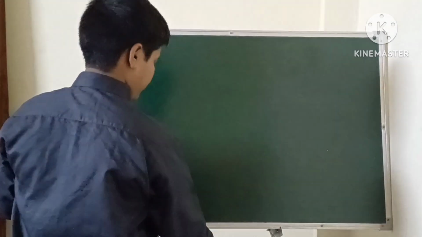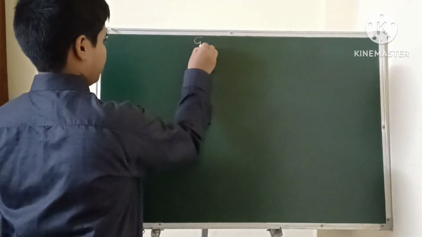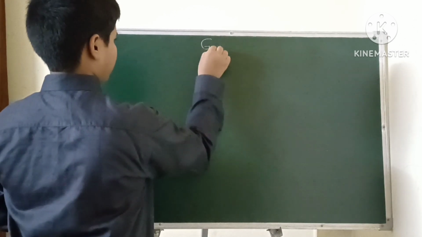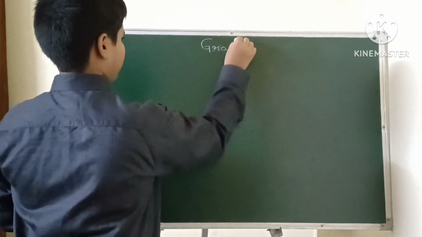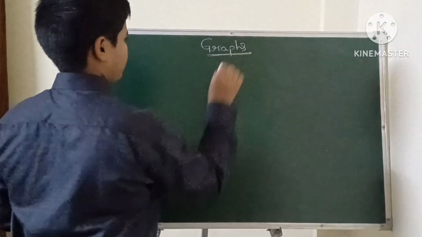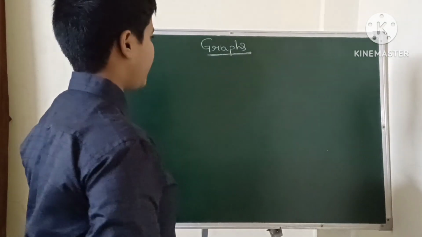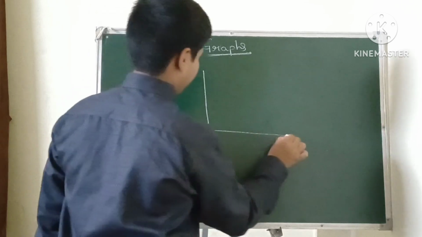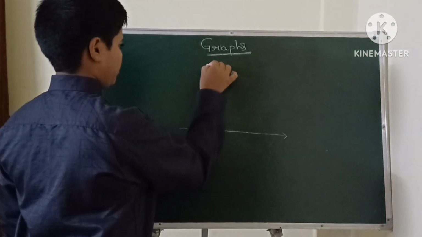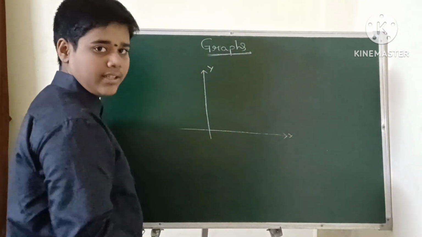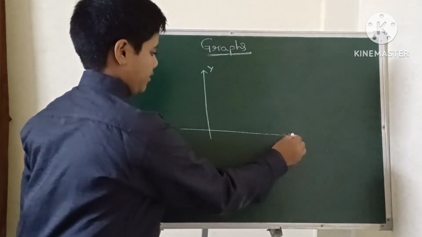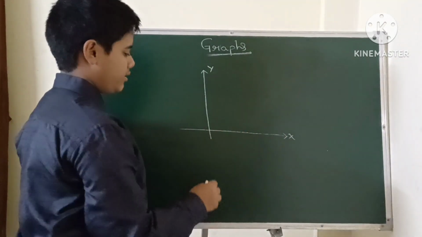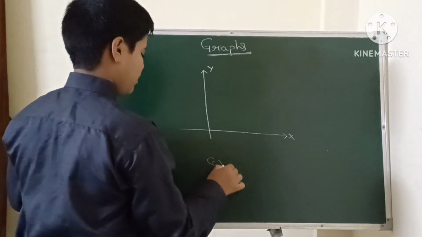And the next topic, graphs. Here what is graphs? Graph means if any matter or any quantity is represented in Cartesian coordinate system. Here what is this?